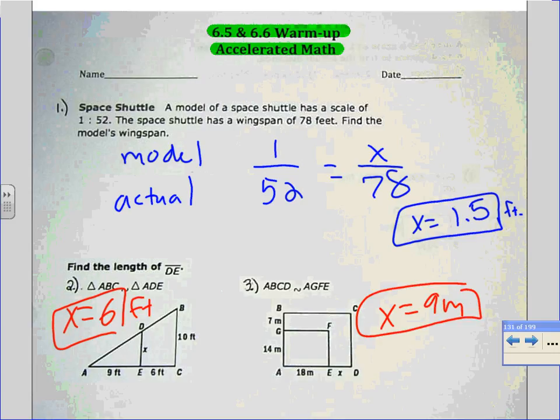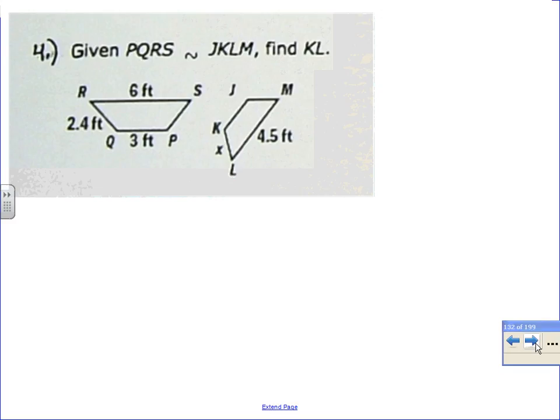Okay, Donatus, what did you get for number 4? No? No, that one's not right. Justin? Good, 1.8 feet. Okay, number 5 through 8 were pretty easy, but let's go through these.